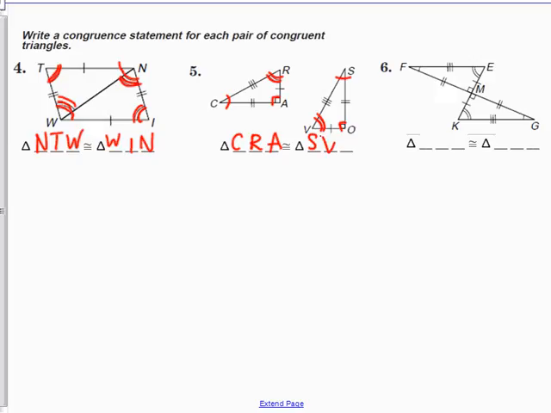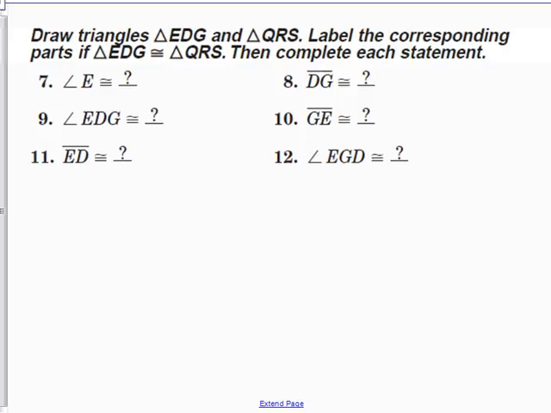S, V, O. Look at this one. 1, 2, 90. F, E, F. 1, 2, 90. G, K, L. All right. That's a lot of practice to learn that stuff, but it's really important because you have to do that on the quizzes and the tests.